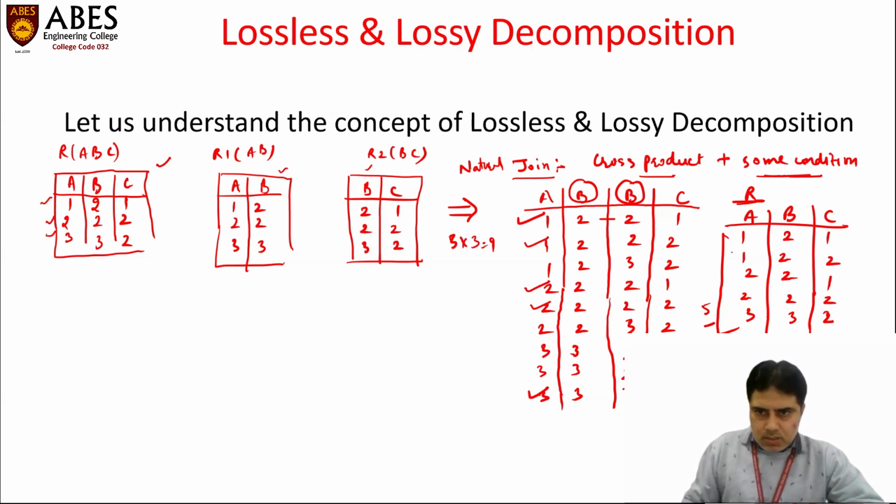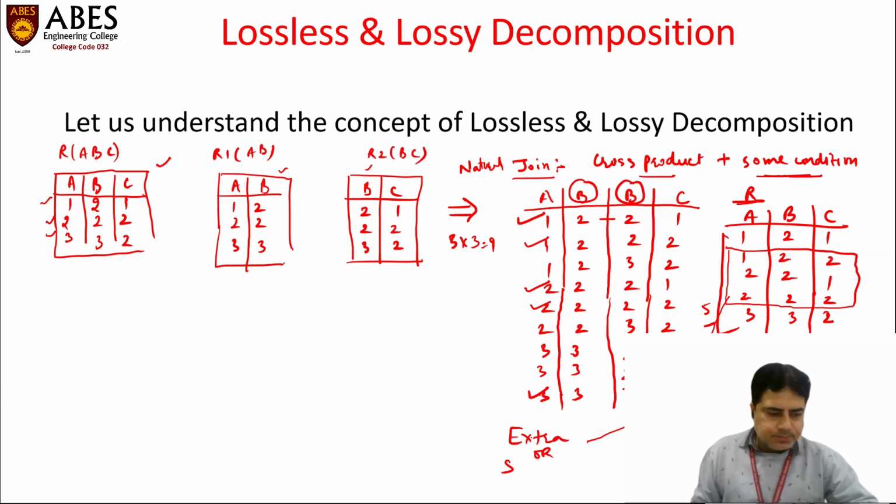So there are extra tuples in this table. These extra tuples are produced after joining. These extra rows or extra tuples are called extra or spurious tuples.